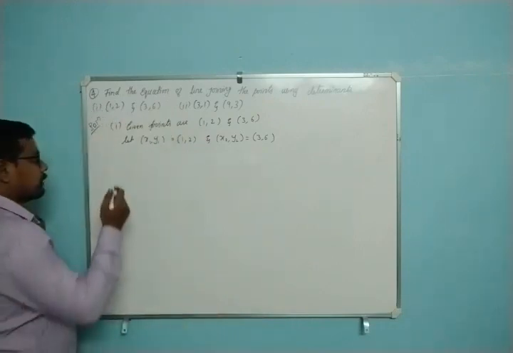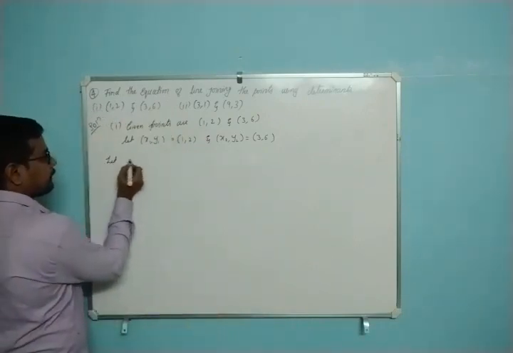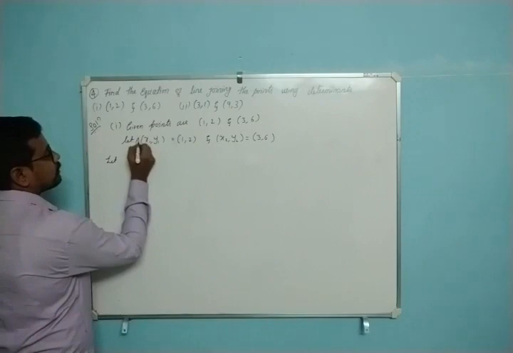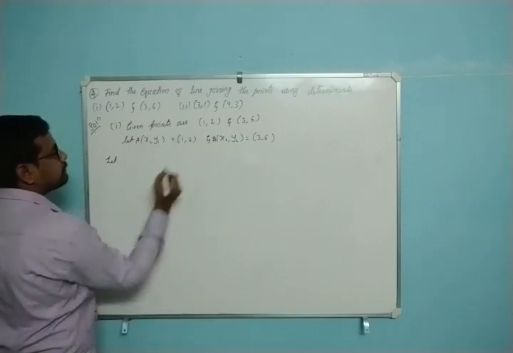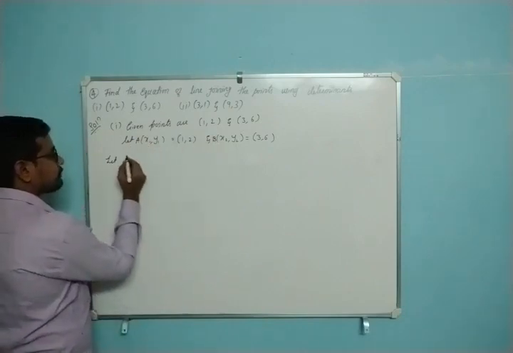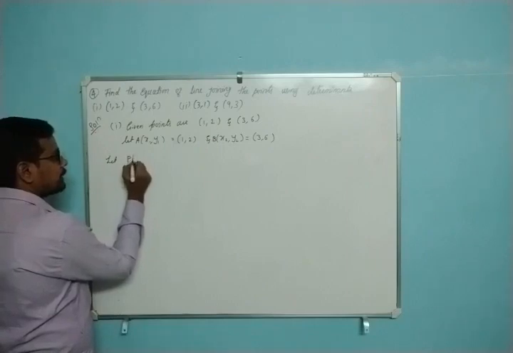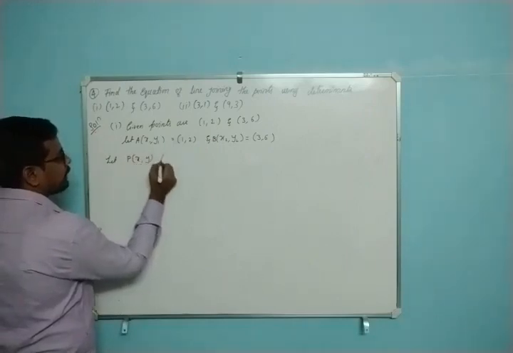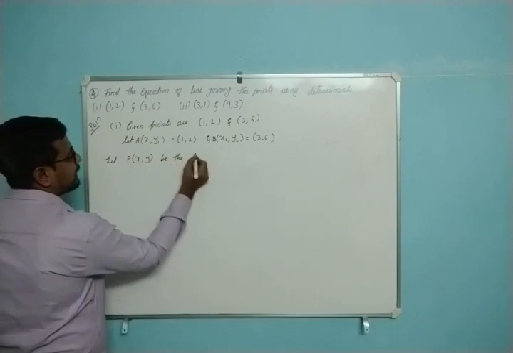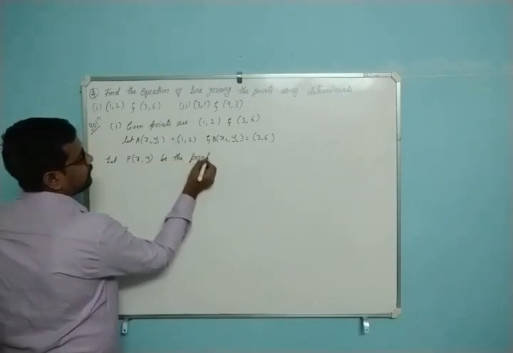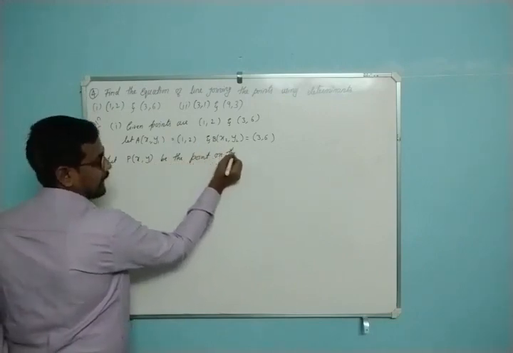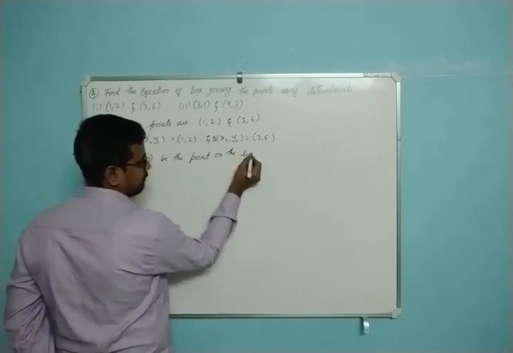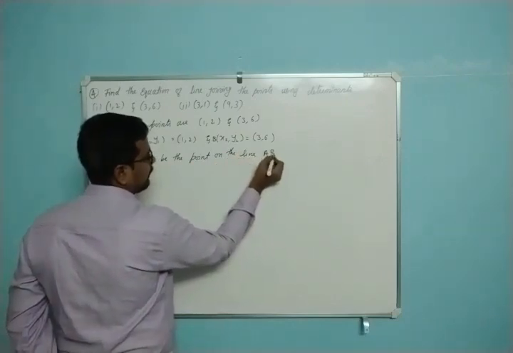Let this be A, this be B. Let P(x, y) be a point on the line AB.